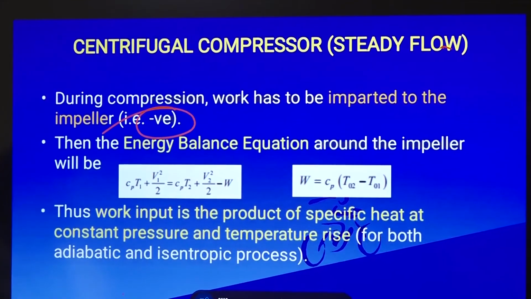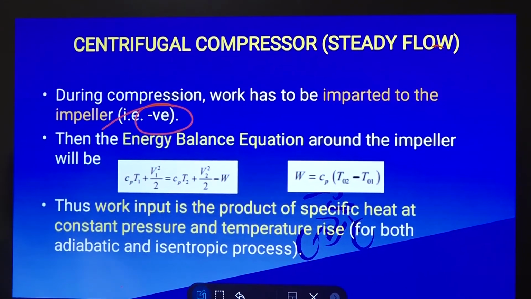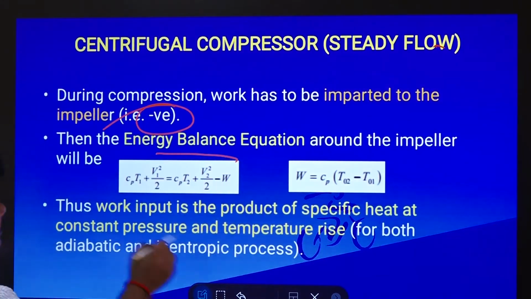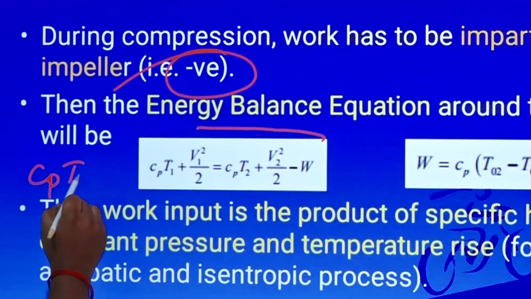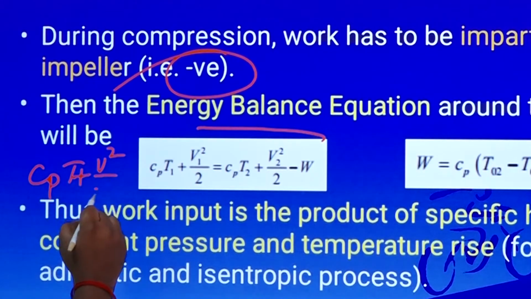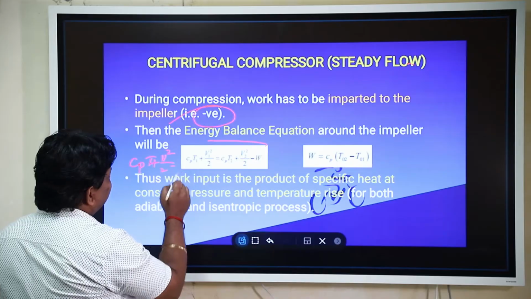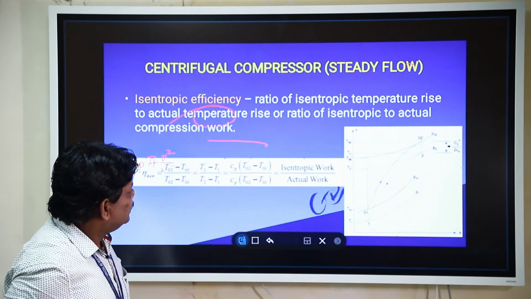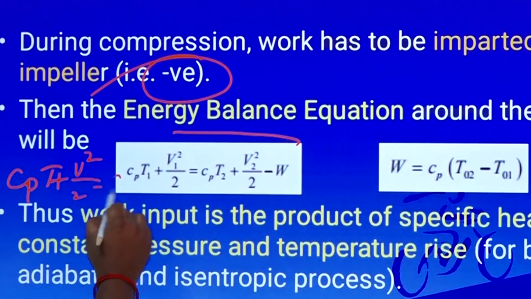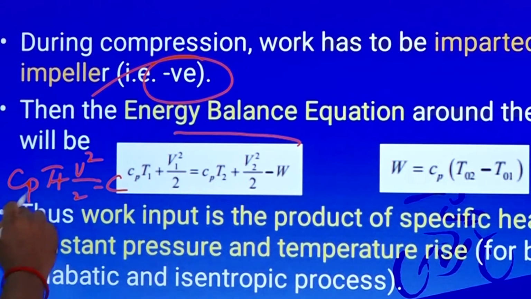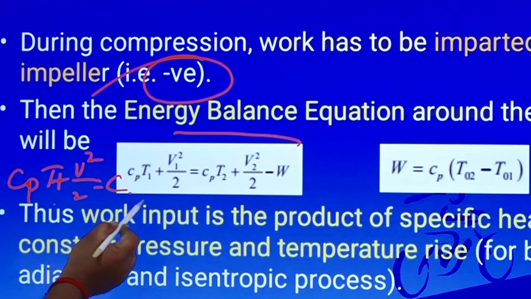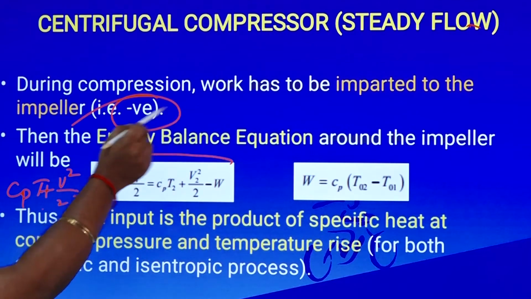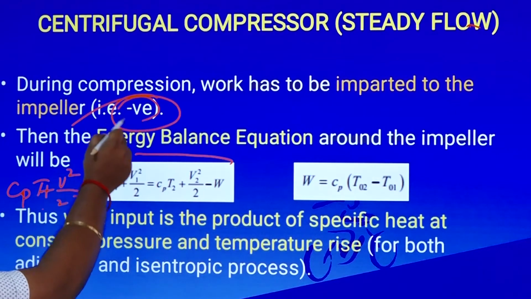The energy balance equation around the impeller will be Cp into T plus V square by 2 equal to some constant. This is the same for the initial and the final conditions. During compression, work has to be imparted to the impeller and the work is negative here.